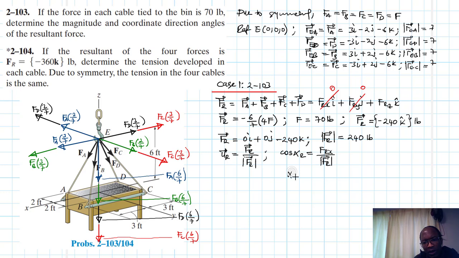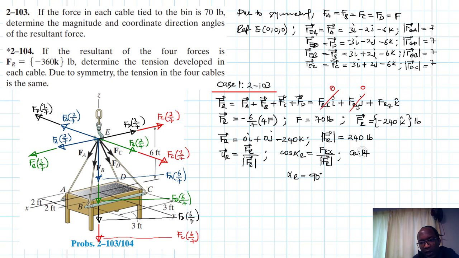Therefore, alpha R will be cos inverse of 0, since this component is 0, divided by the resultant. We know what it is, right? It is 90. So this gives us 90 degrees. The same applies to the other ones.